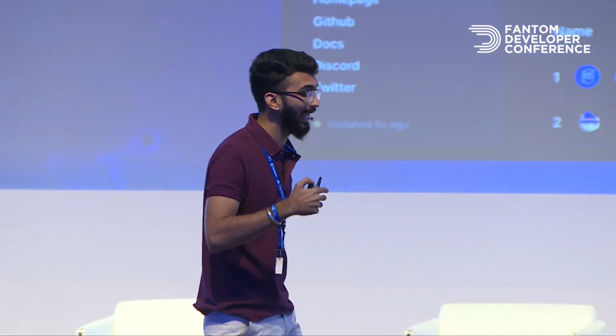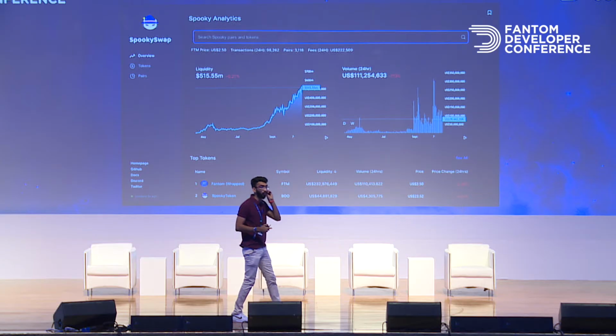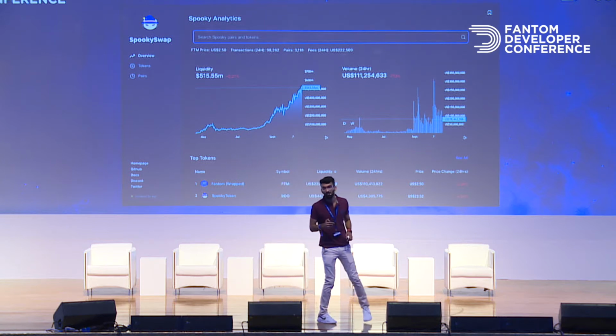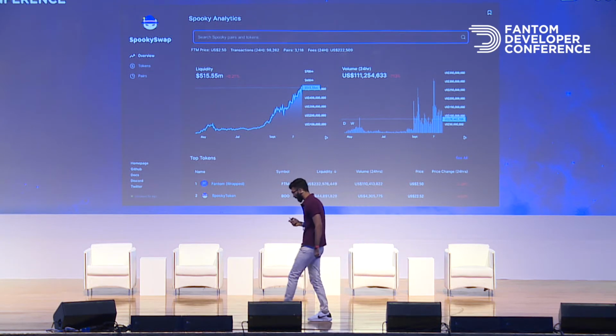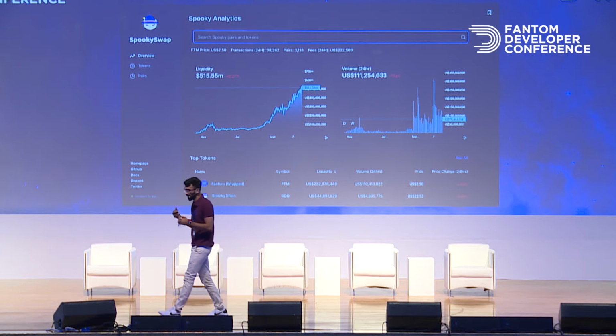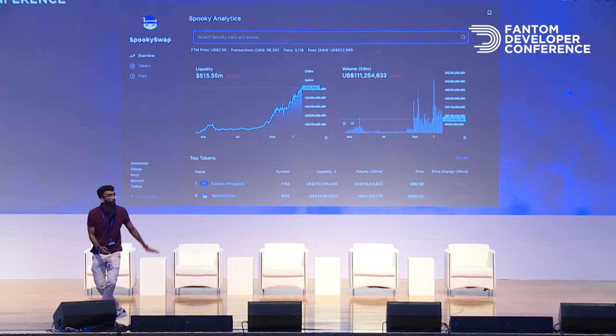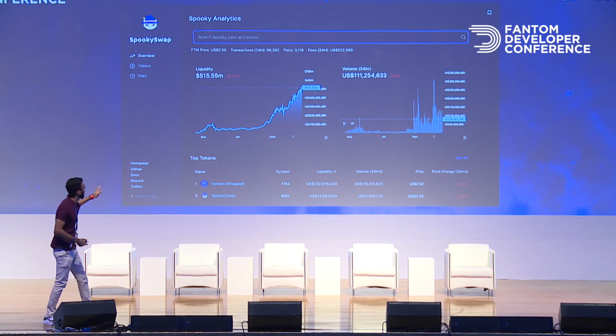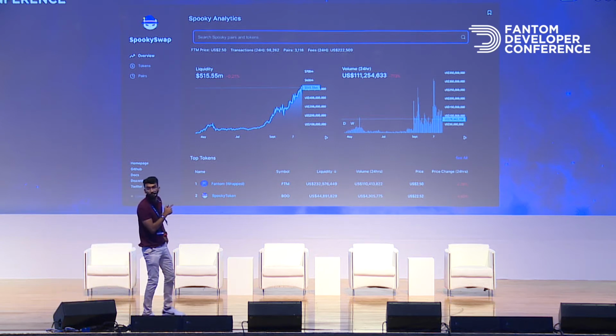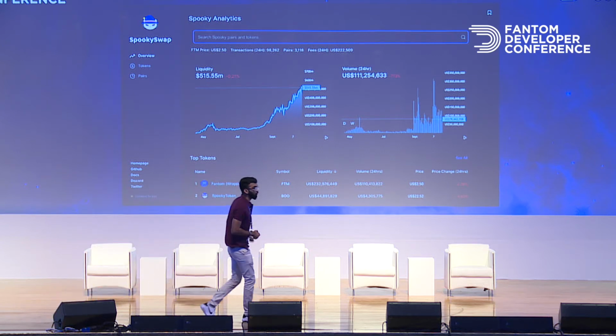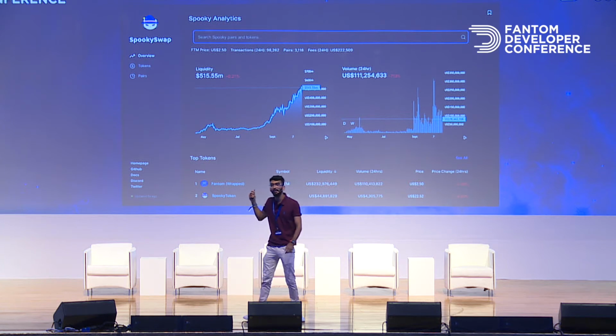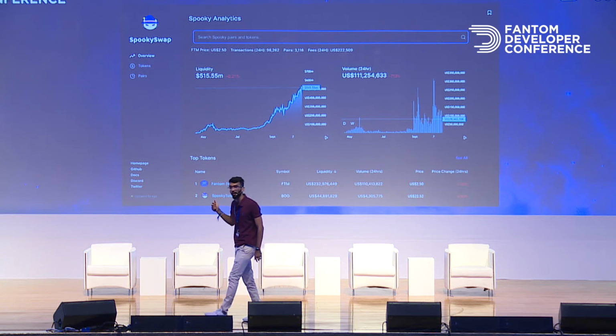All the trades that you do are on chain, and all that data you put in the blockchain has to be displayed. That is displayed via this analytics platform, the info.spookyswap page, and all the data that you get here is from The Graph.